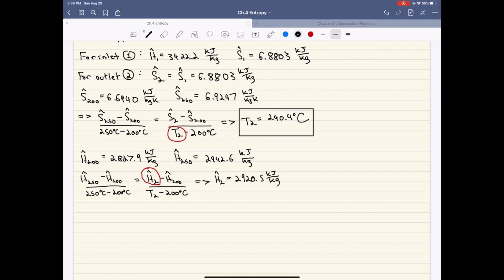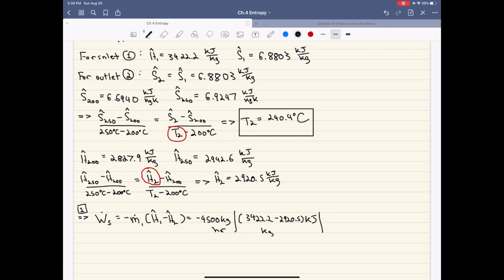And now that we have H2, we could go back to our energy balance, equation 1, and just plug in for both H1 and H2. So what we get is minus 400 kilograms per hour, times 3422.2 minus 2920.5 kilojoules per kilogram.